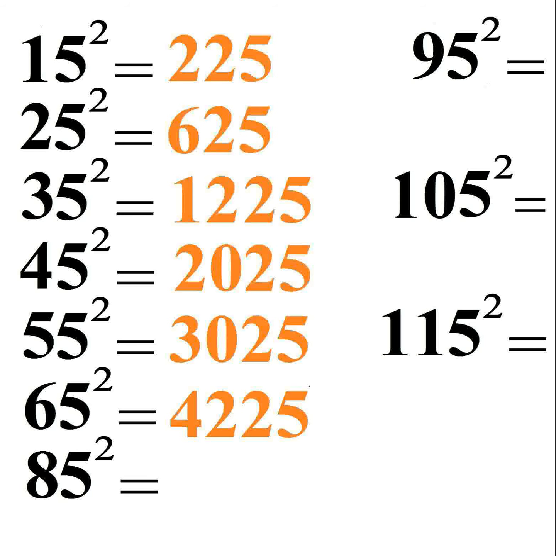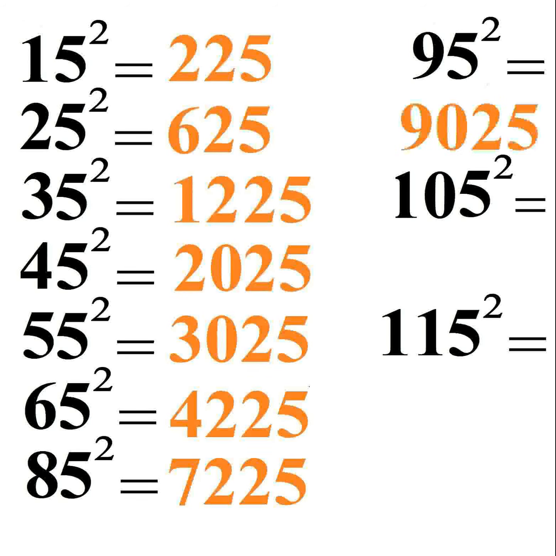And we already calculated 75 squared. So what is 85 squared? It is 8 times 9, 25, or 7225. What is 95 squared? It is 9 times 10, 25, or 9025. 105 squared is 10 times 11, 25, or 11025.